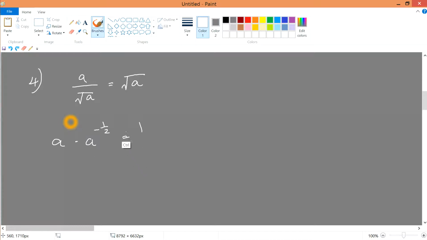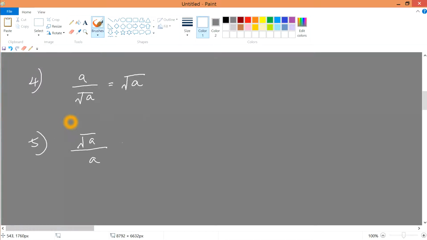Okay, this is just the meaning. Alright, if I were to do that, a to the 1 times a to the minus half equals a to the half. Just some algebraic exponential multiplication, and just rewrite this, you'll get square root a. This is one good concept.